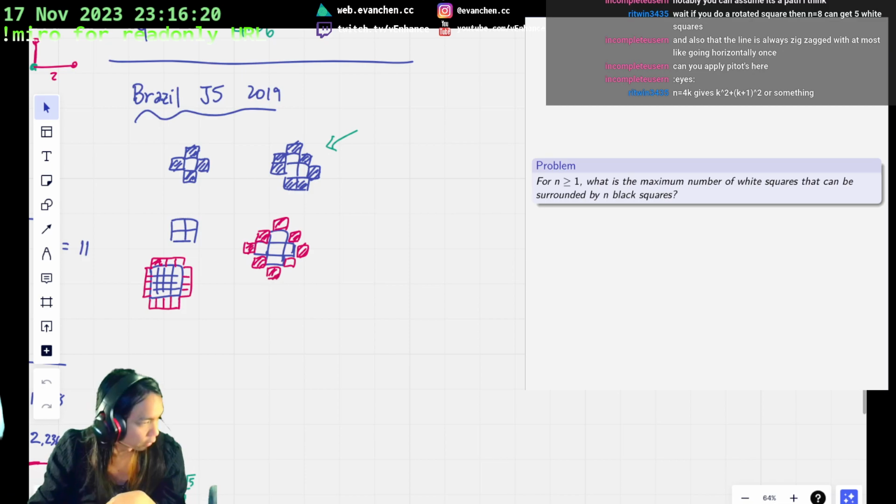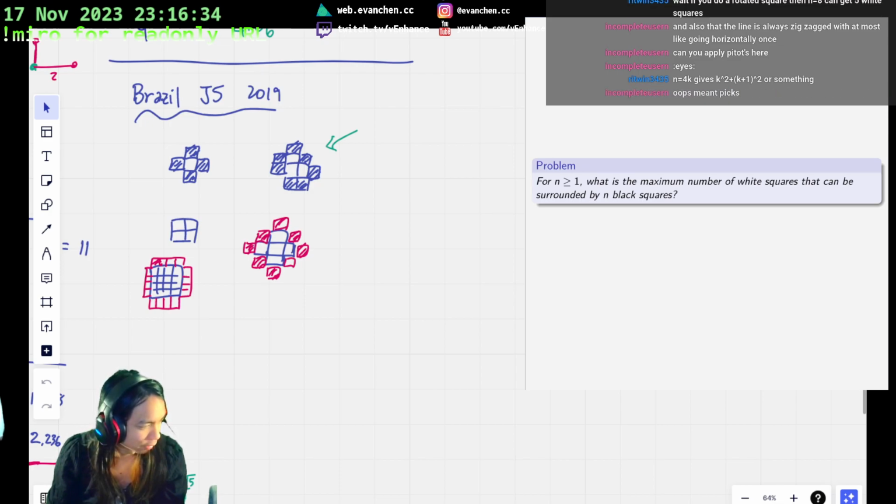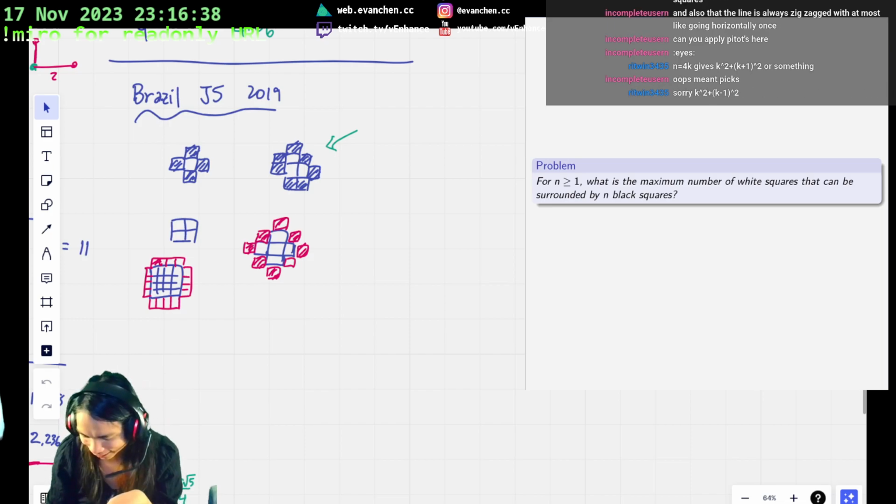Interesting. Notably, you can assume it's a path. Pick's theorem. Oh gosh.